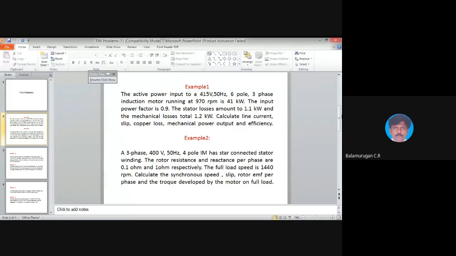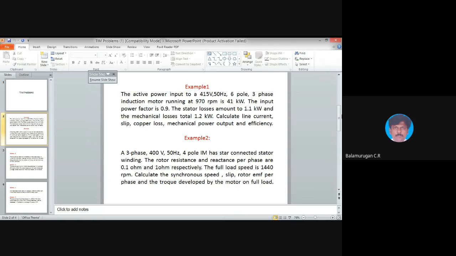So what is the difference between capital Ns and small ns? Capital Ns is in RPM. This is RPS. Revolution per minute, revolution per second. Okay. So this is the difference between capital Ns and small ns. Then what is the formula? Small ns is Ns divided by 60.